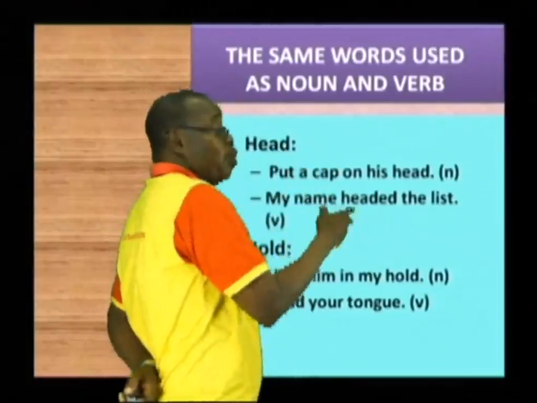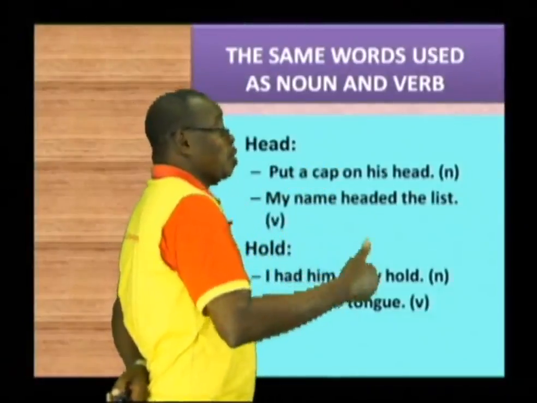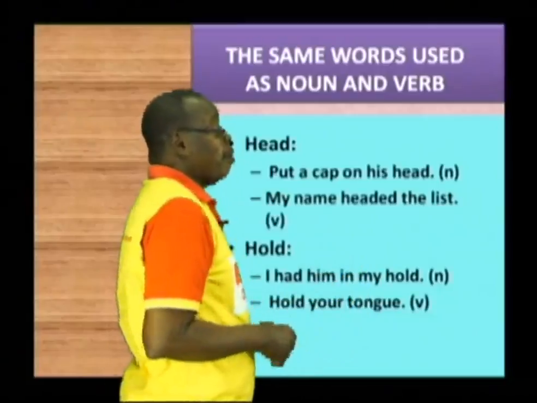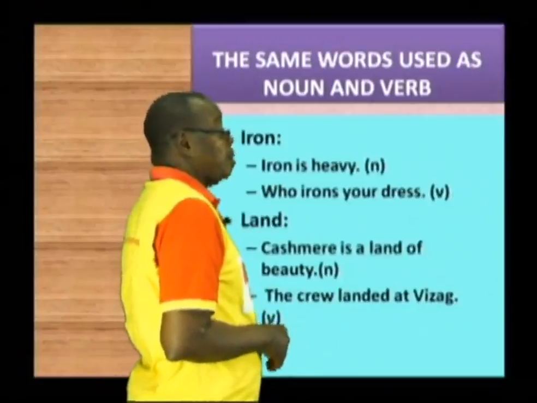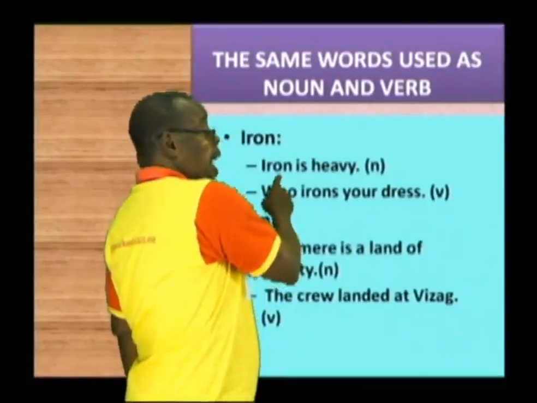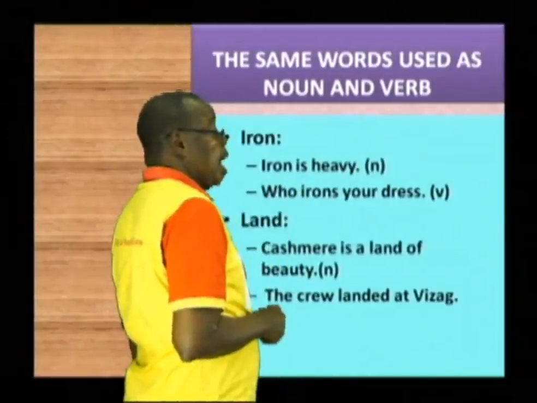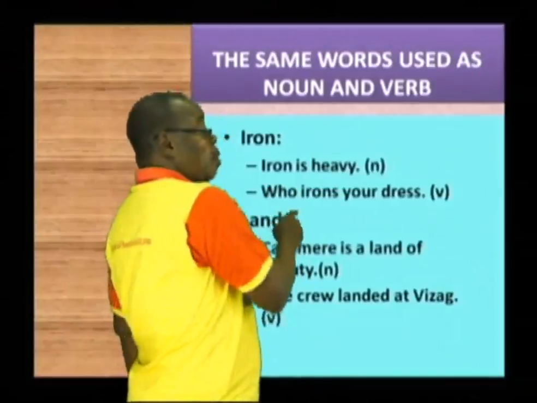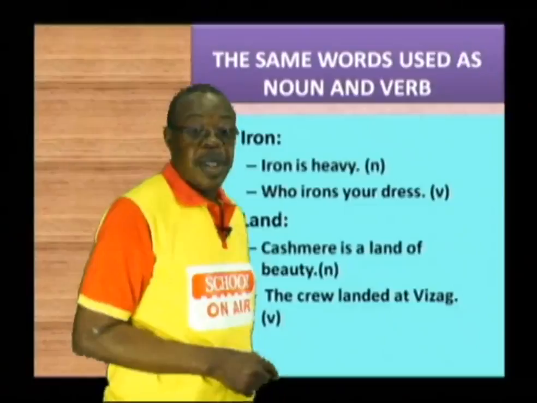This is very good for you to practice. I'm going to give you some words which you are going to find out for me later on. You have the word iron. As a noun, iron is heavy. And then as a verb, who irons your clothes? Okay?